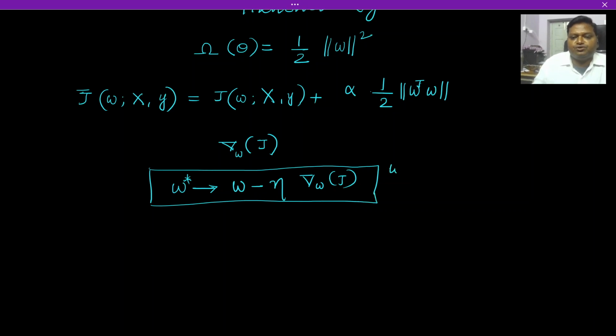This we know already. What is our gradient? The change in the error when we change the weight. This is the weight update rule without regularization.